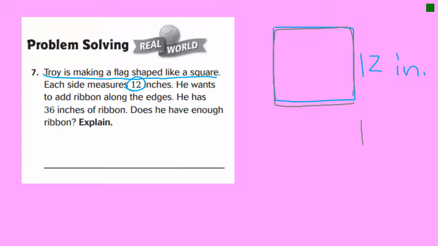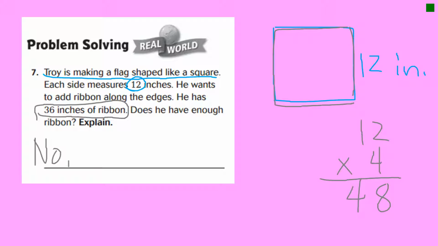He's going to need 12 inches times the 4 sides of a square. 4 times 2 is 8. 4 times 1 is 4. Troy only has 36 inches of ribbon. Does he have enough ribbon? Sorry, Troy. No. Now we have to explain.